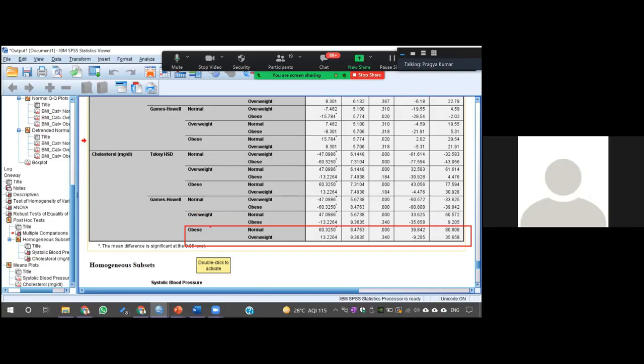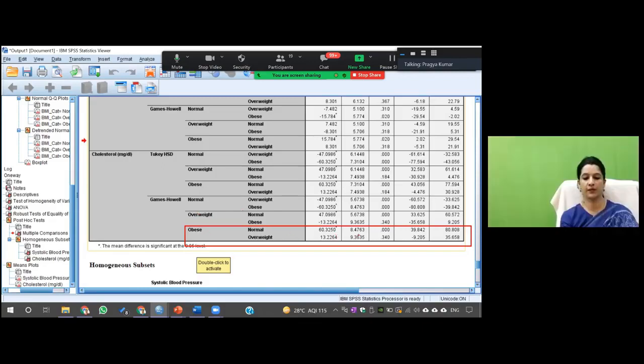So obese, normal, obese, overweight, you can take this one value. Am I audible to all of you, or any problem from my end?